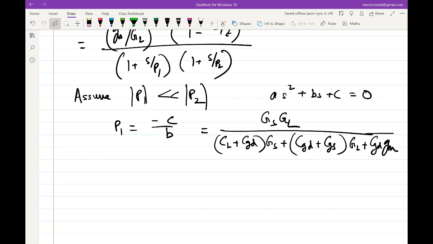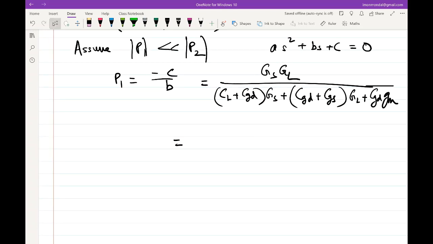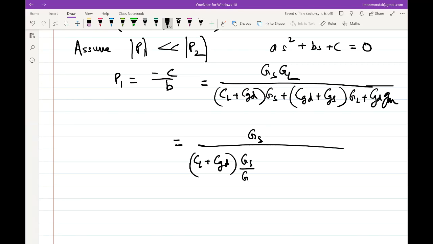correct? So if we have to express it in that form, so clearly in the numerator, I have conductance squared, right? So I'll divide by one conductance. Let's divide by GL. Okay. So, or rather multiply by RL. So if I multiply by RL, GL goes to 1, right? So this becomes GS by CL plus CGD, GS by GL plus CGD plus CGS plus CGD, GMRL.